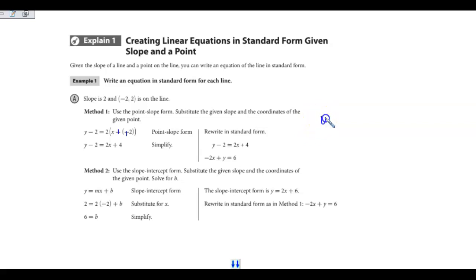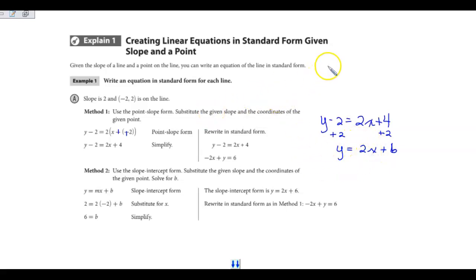So I'm going to take my y minus 2 equals 2x plus 4, which I got from this simplified form, and I am going to add my 2 to both sides. So I get y equals 2x plus 6, which happens to be my slope-intercept form, correct? Now I'm going to move my 2x over to the left.